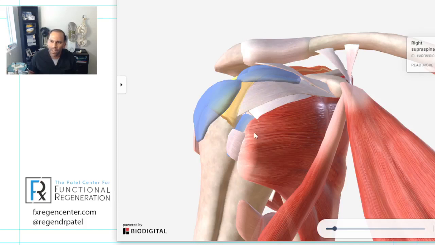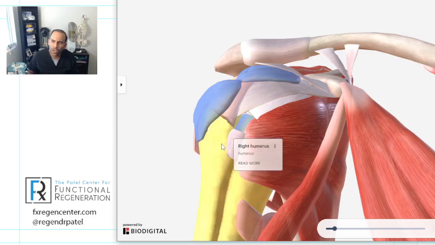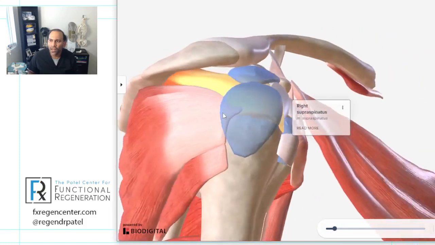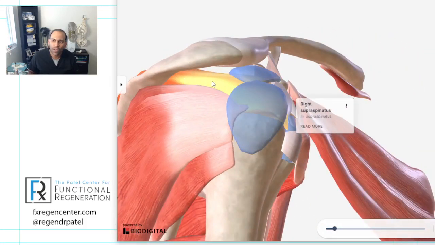So I'm going to repeat that. If the ball moves upwards, it's going to narrow the space between these bones and the ball and socket. In narrowing that space, that can cause more impingement of the rotator cuff tendon.